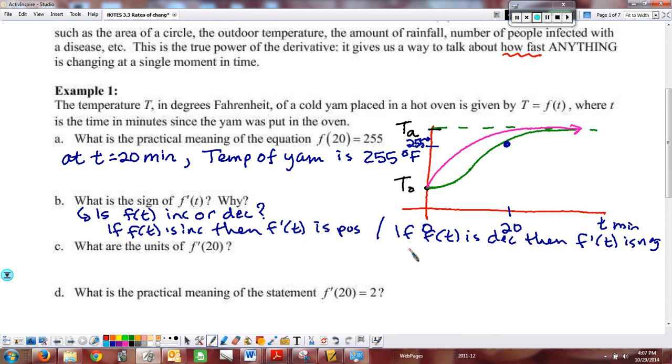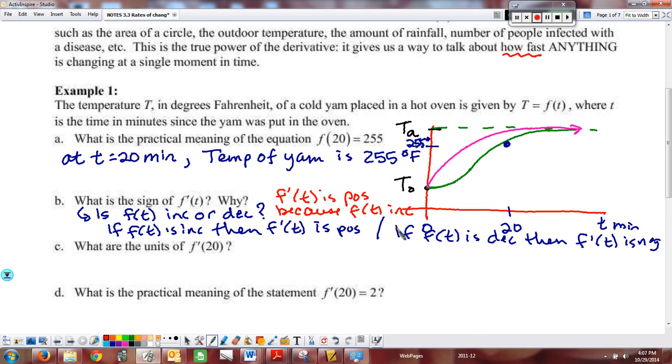So in terms of the sign of our derivative, I would say that the sign is going to be positive. f prime of t is positive, and our reason why would be because f of t increases on the interval of interest that we're looking at.